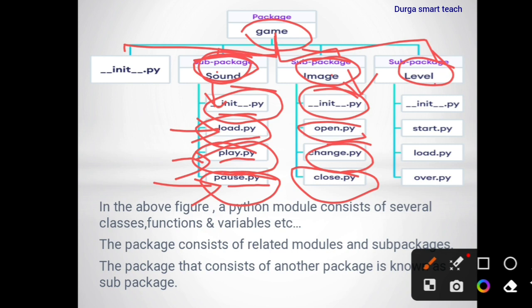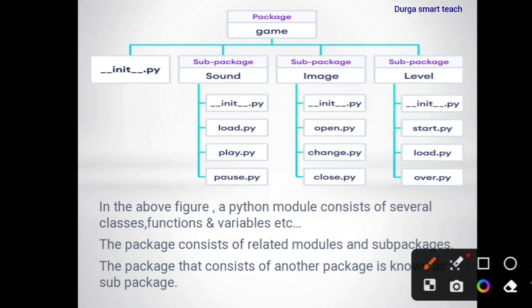So a package may contain subpackages also, or the package is a collection of modules, and it must contain init.py. In the above figure, a Python module consists of several classes, functions, and variables.